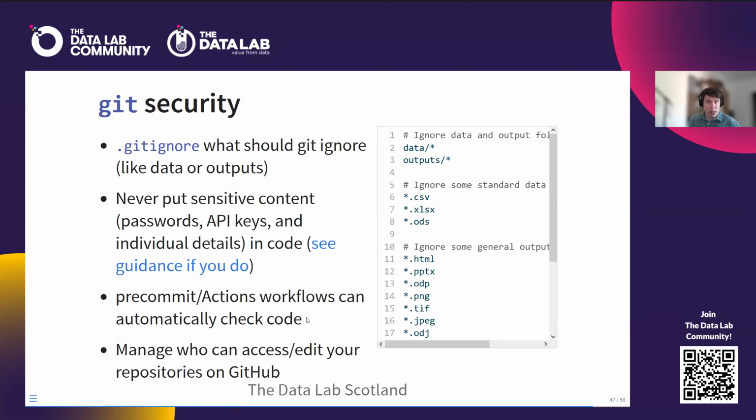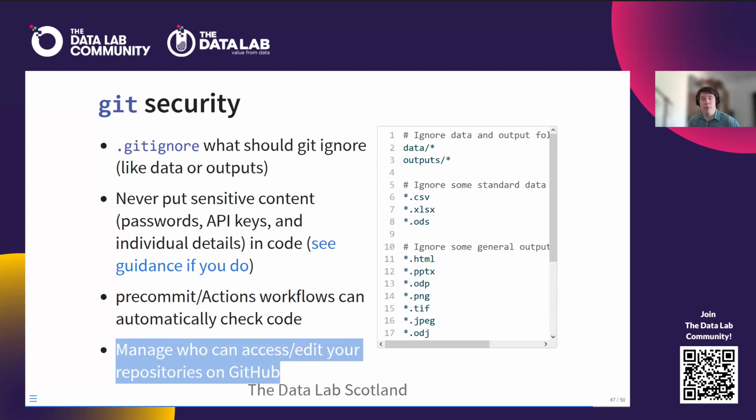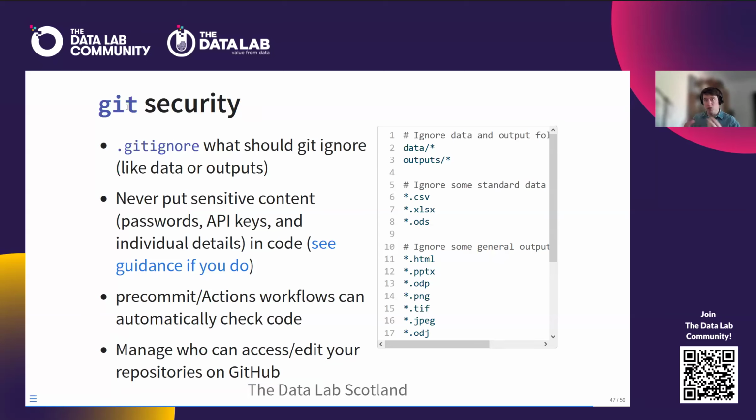And we'll chat a little bit about that in a second. And we can also manage who's accessing our repository. So not only accessing, but also able to edit it. So we've got fine levels of control that enables us to use powerful tools like Git and GitHub in a secure way that acknowledges the risks associated with the work that we might be doing.